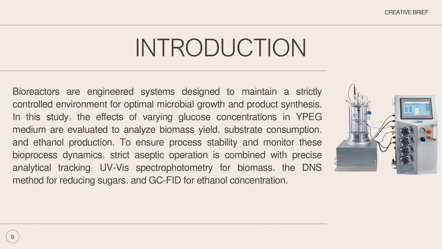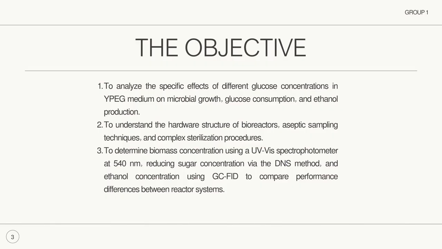To make sure our process stays stable and contamination-free, we combine strict aseptic operation with precise analytical testing. Specifically, we use UV spectrophotometry to track biomass, the DNS method to measure reducing sugar, and GC-FID to quantify our ethanol concentration.